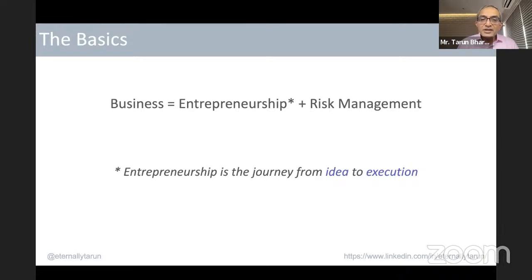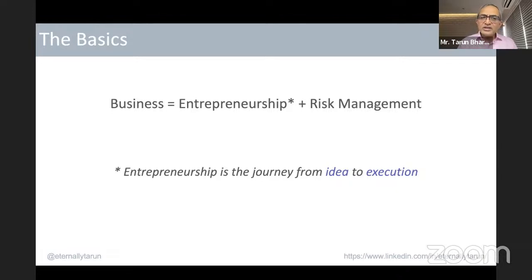Risk management goes hand in hand, because we will all take risks as we go along, and we must be very conscious of the risks that we are taking and how we are going to mitigate them. And we build pieces around whatever actions or decisions are being taken to ensure that those risks really do not take the business down the tube.